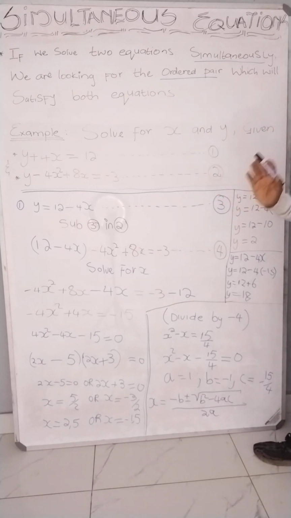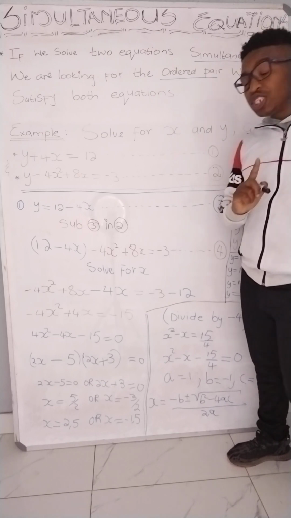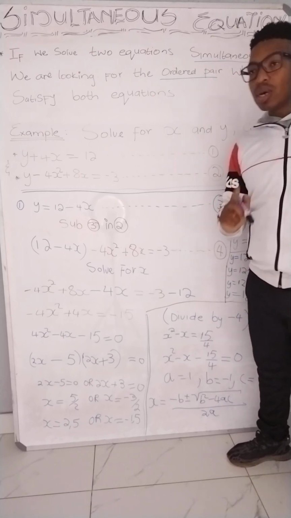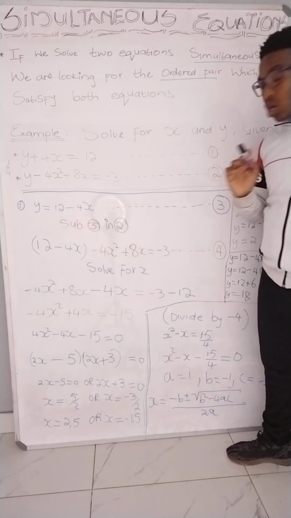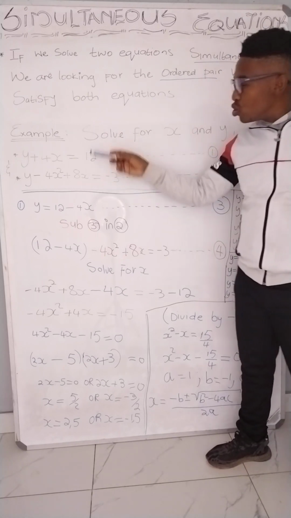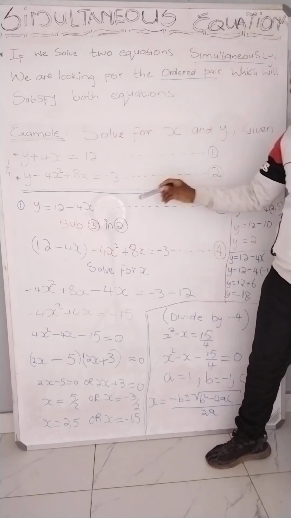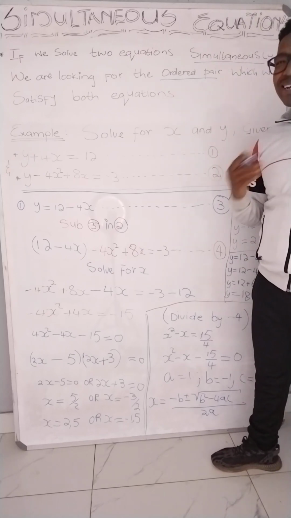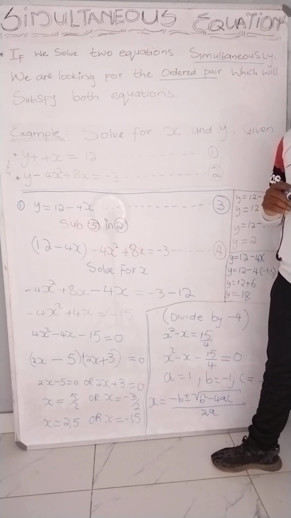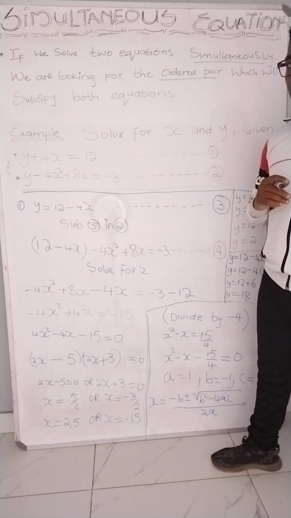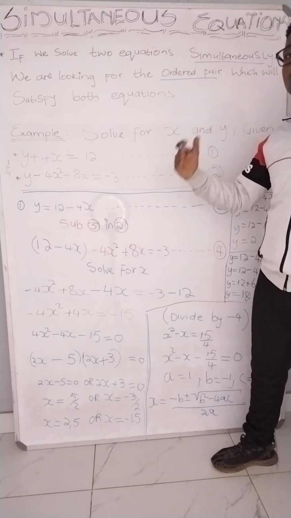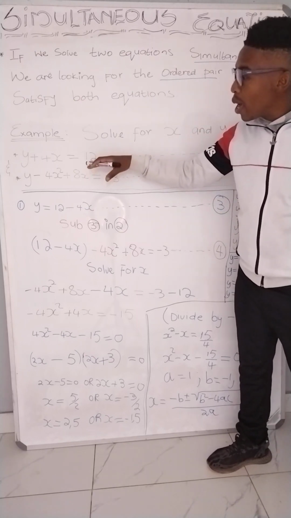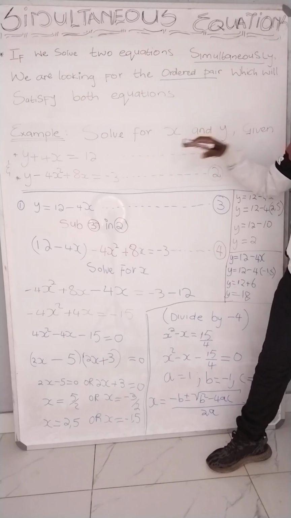You are left with 2 more steps now to ace your simultaneous equation. Now, pay close attention for step number 3. You're going to look at both equation 1 and 2 and look for which one is relatively simpler or less complicated, or which one is going to help me not have fractions.